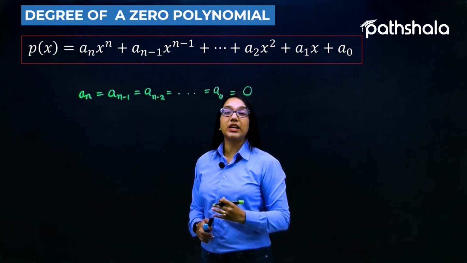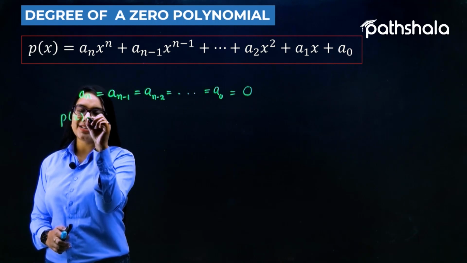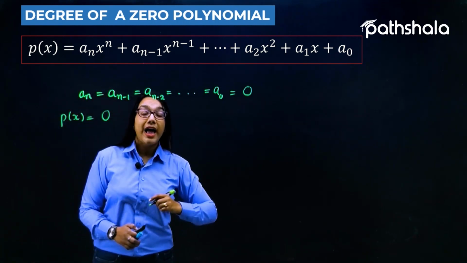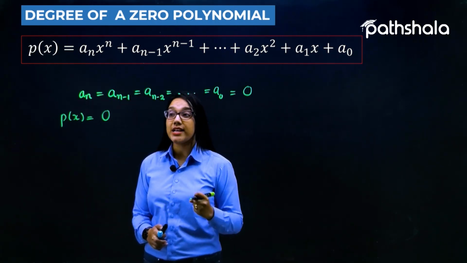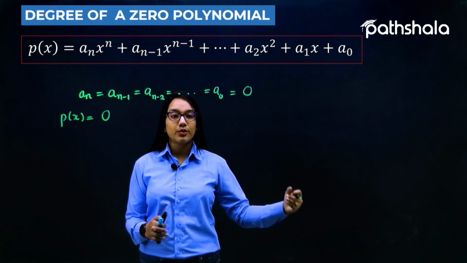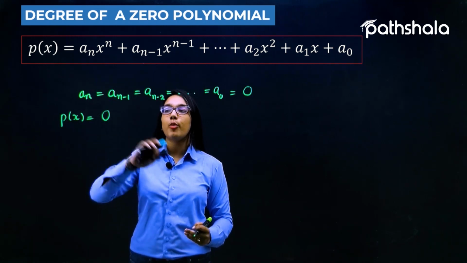It means we are getting the polynomial p(x) = 0, which is a constant polynomial, and it is called a zero polynomial. Any constant polynomial 0 is called a zero polynomial.